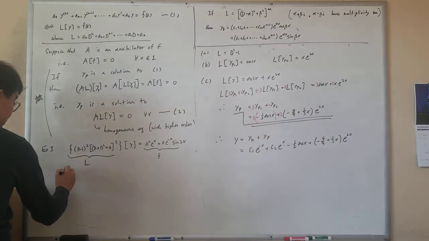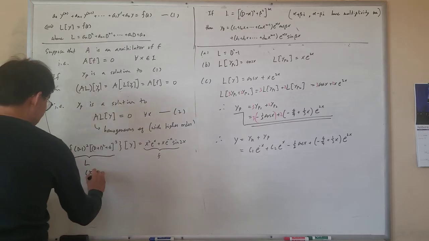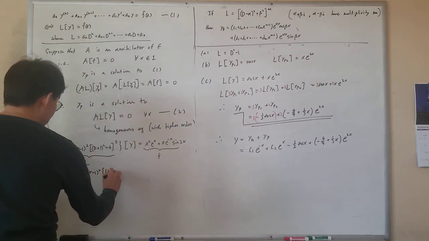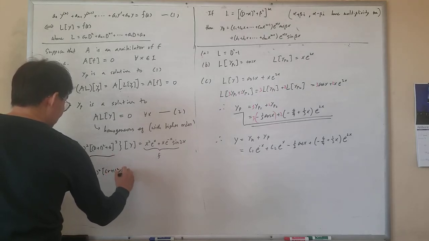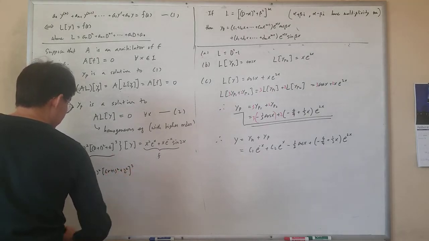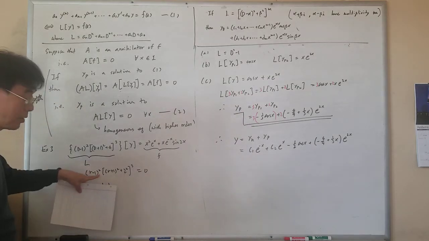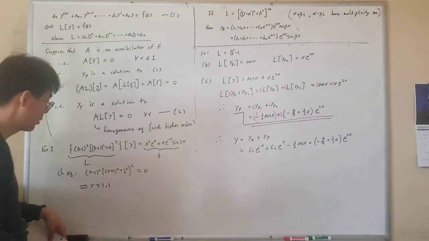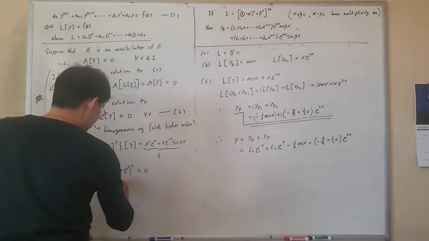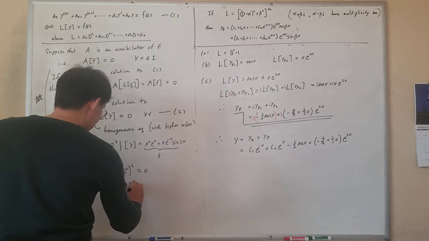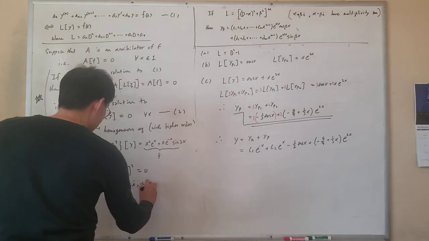So, from here, look at this. The characteristic equation will be (r minus 1) squared, (r plus 1) squared plus 2 squared, cubed, equals 0. From there, r equals 1, 1, see? This one is a double root. Here, a triple root. Which one is triple? Negative 1 plus minus 2i. Triple root.